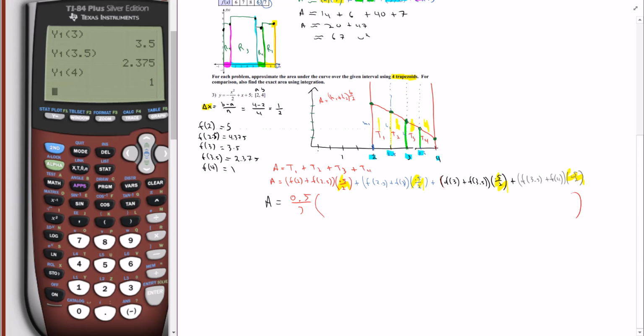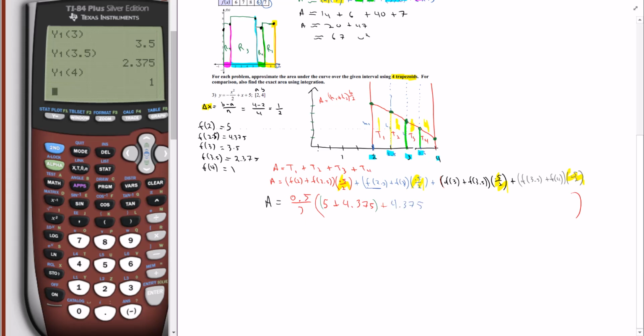F of 2 plus f of 2.5. We actually calculated these already, right? F of 2 was 5. F of 2.5 was 4.375. And then plus f of 2.5 again, which was 4.375.